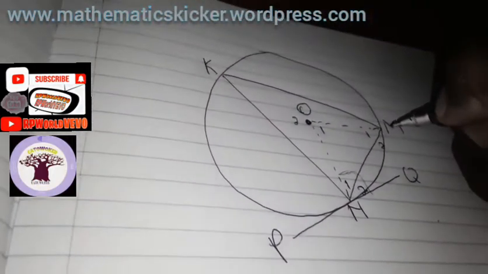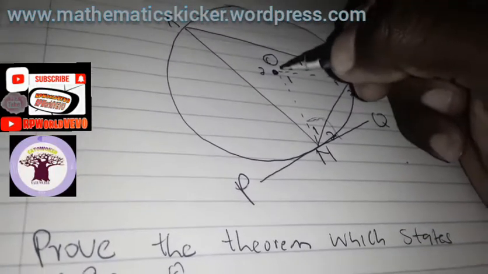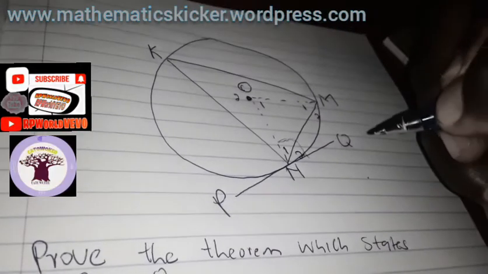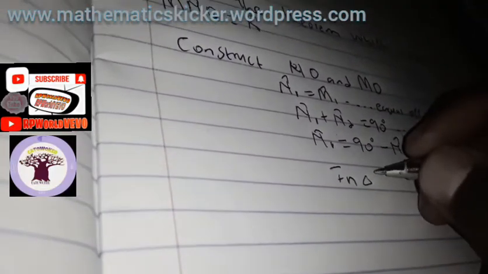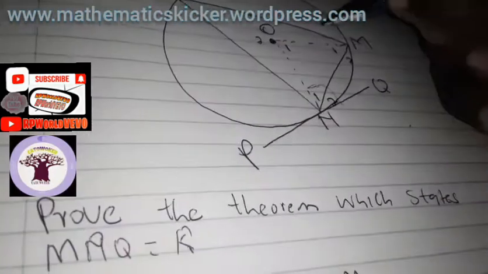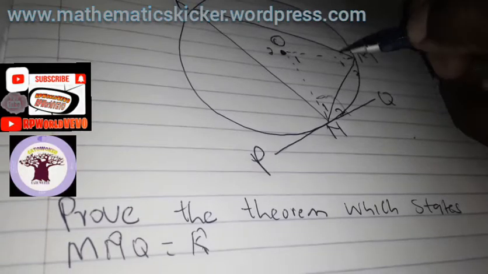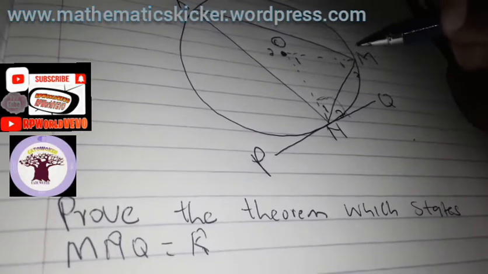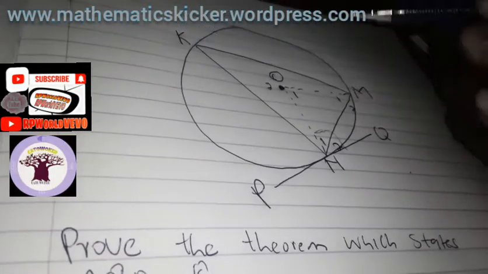Then in triangle MON, we realize that angle O1 plus angle N1 plus angle M1 equals 180 degrees.